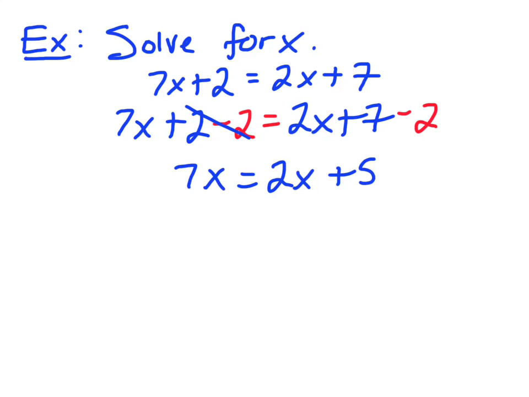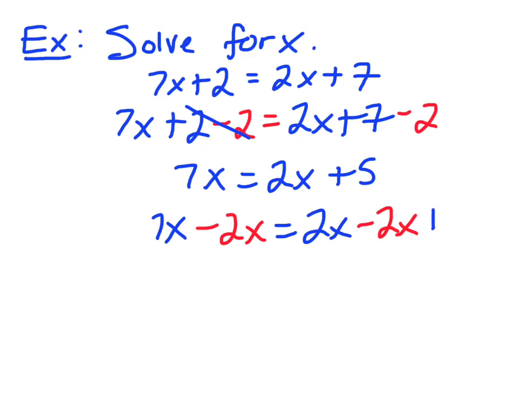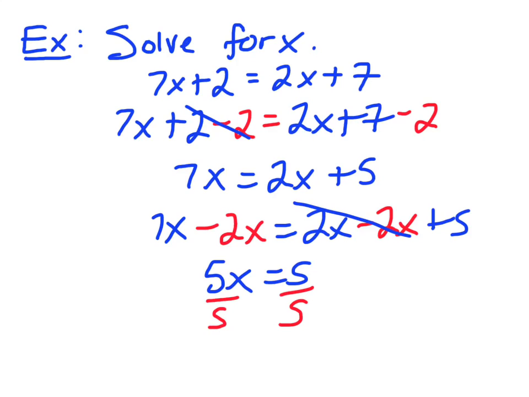So 7x minus 2x is equal to 2x minus 2x plus 5. These cancel, and I'm left with 5x is equal to 5. Then I divide both sides by 5, because 5 times x, I want to get rid of that 5 in front. And I'm left with x is equal to 1.